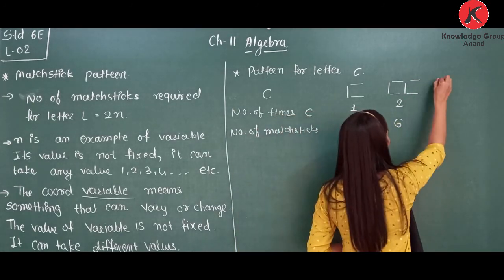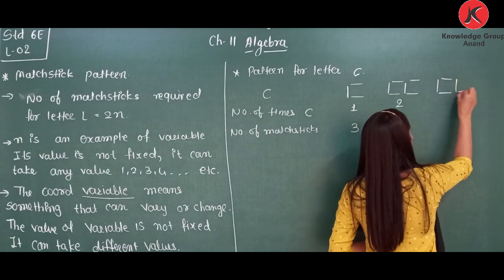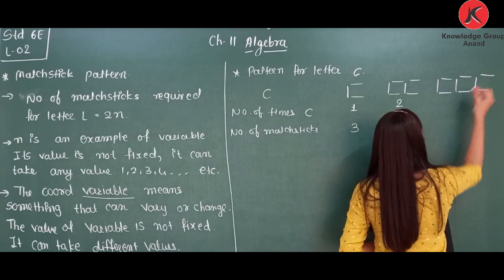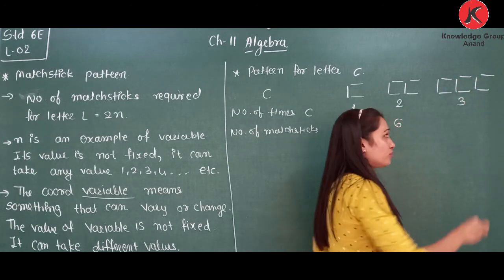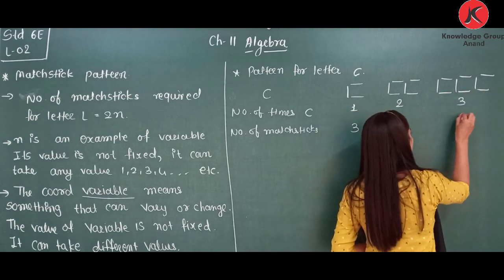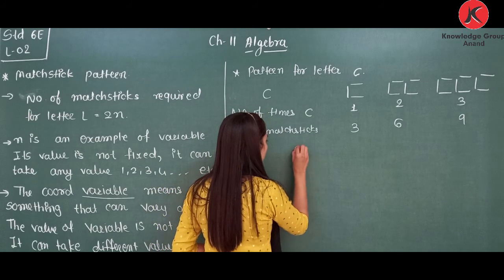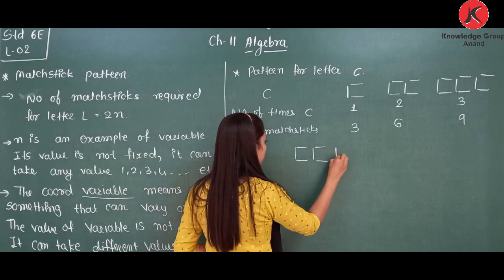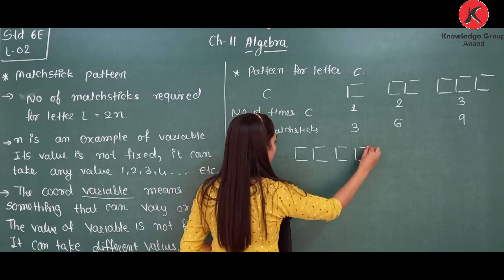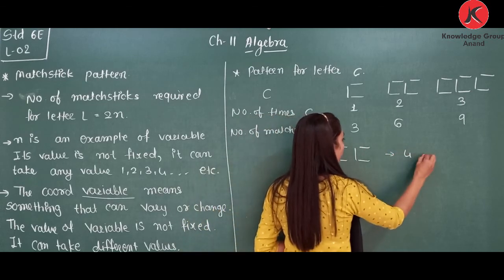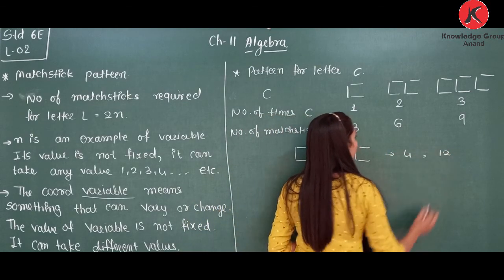For 3 times, how many matchsticks are required? You can see 3 plus 3 plus 3, that is 9 matchsticks are required. For 4 times, we need 12 matchsticks.